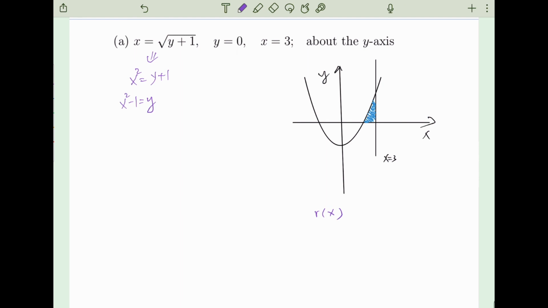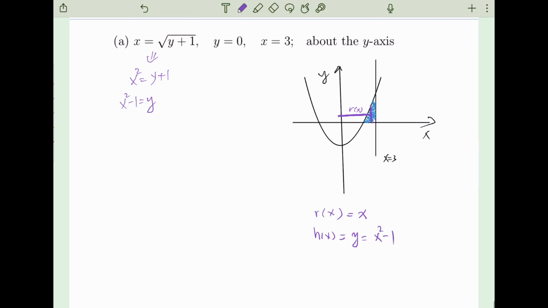This guy. That is just x, because we're rotating it about the y-axis, okay? And also the height is this one here. So that is just the y-coordinate, h of x, is equal to y, which is x squared minus 1.